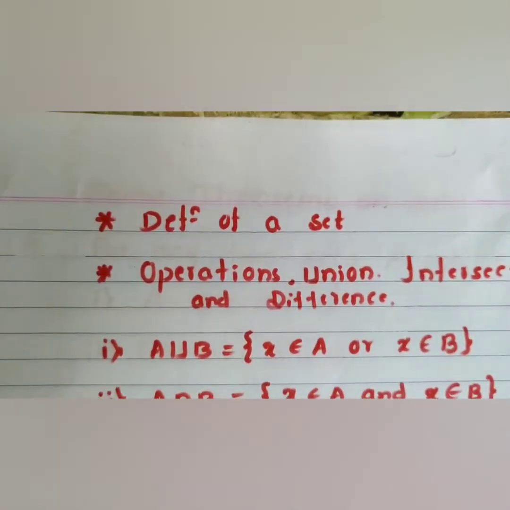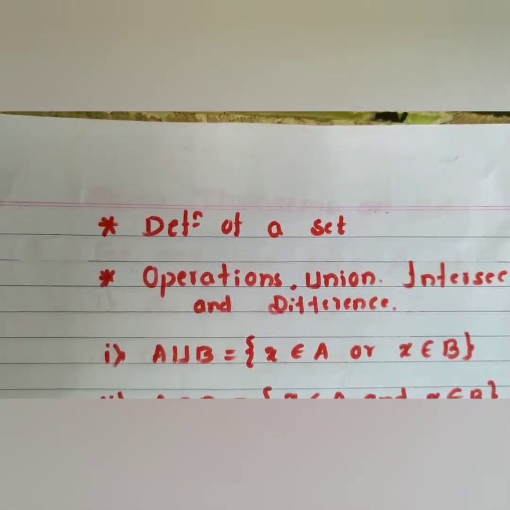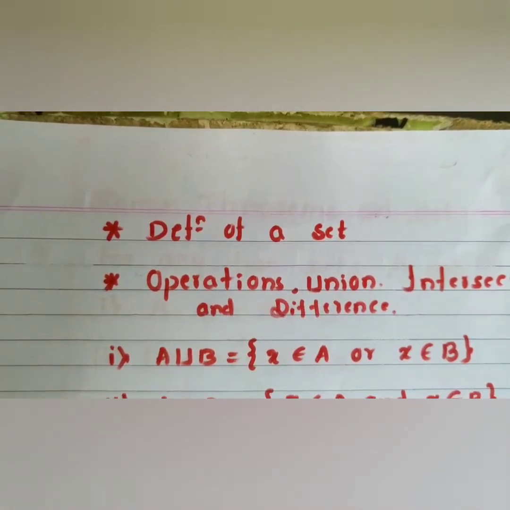The capital letters A and B are sets, which are subsets of the universal set U.